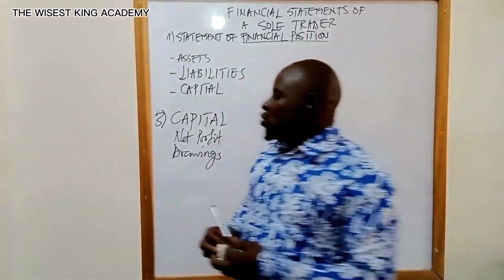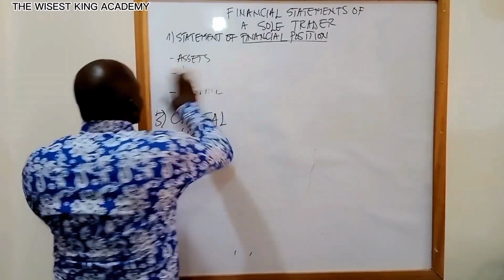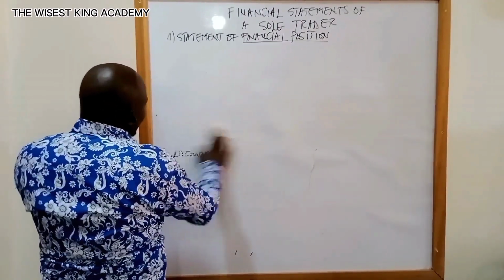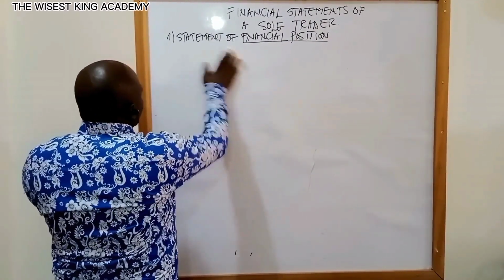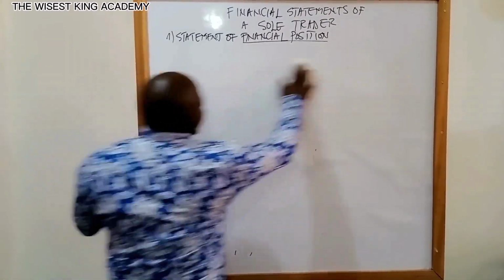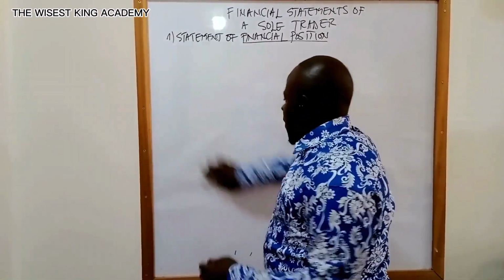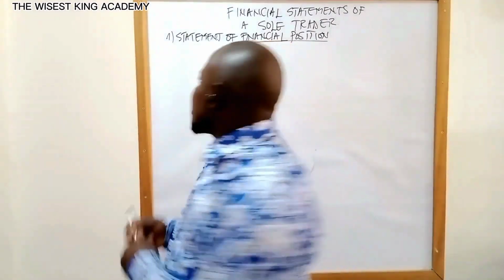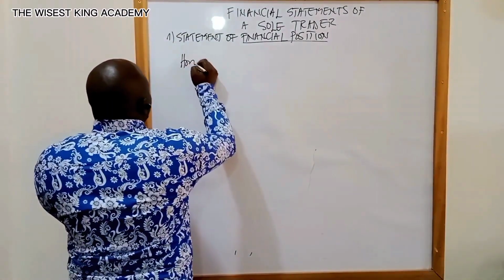So we are going to look at the format of a statement of financial position. Now, there are two formats. There's a horizontal format.